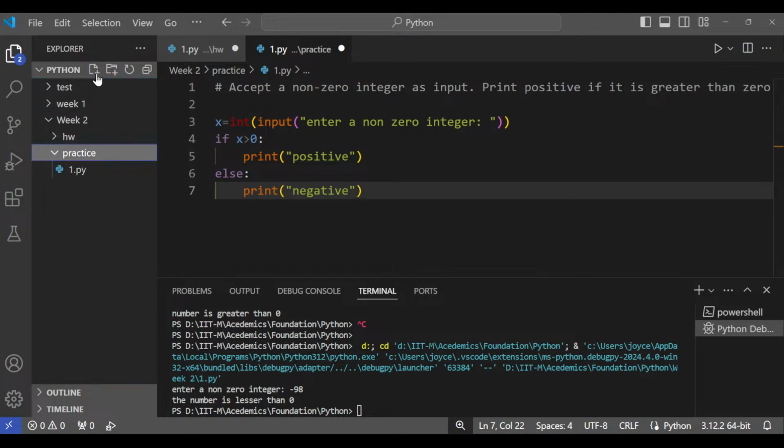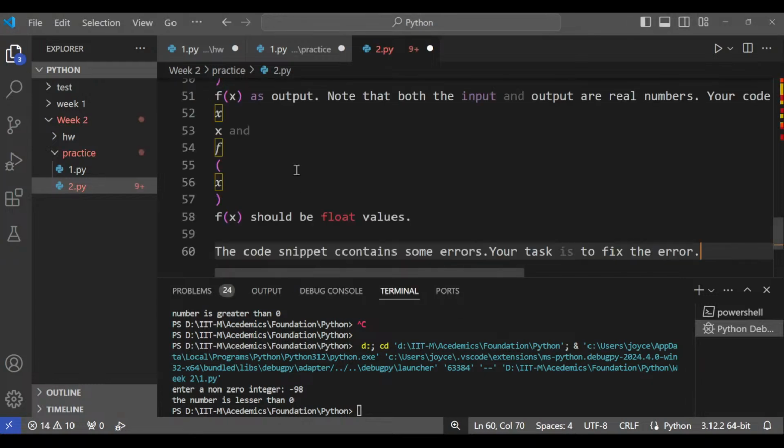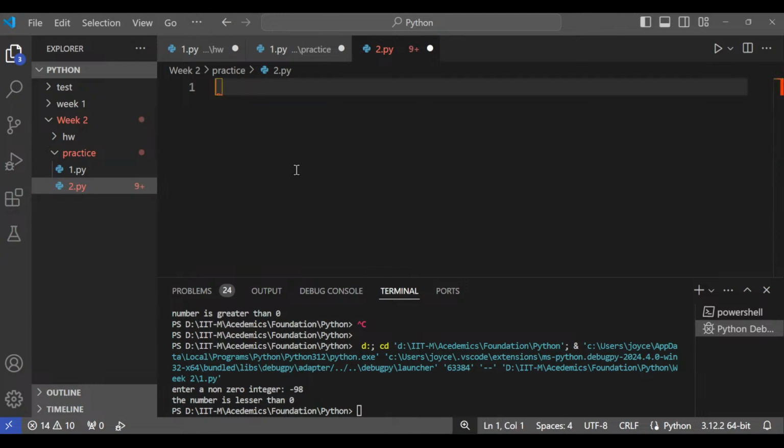So yeah, let us begin with the second question, 2.py. Second question coming right in front of you. Here's the question. I again need to format it.